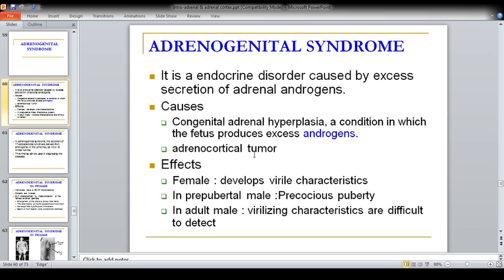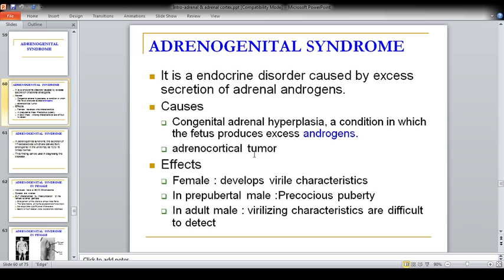Then there are cells which can multiply in very small numbers, such as the cells present in the spleen. Then there are cells which cannot multiply at all, such as the neurons of the nervous system and the skeletal muscles.